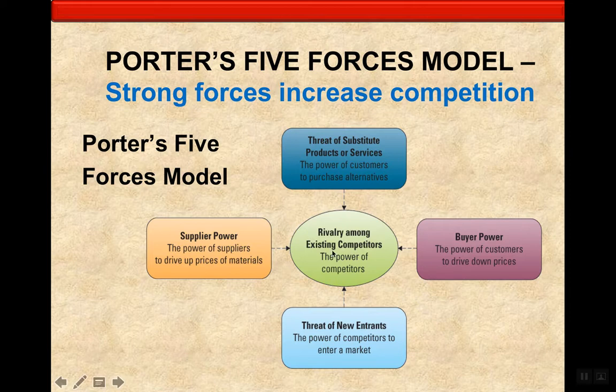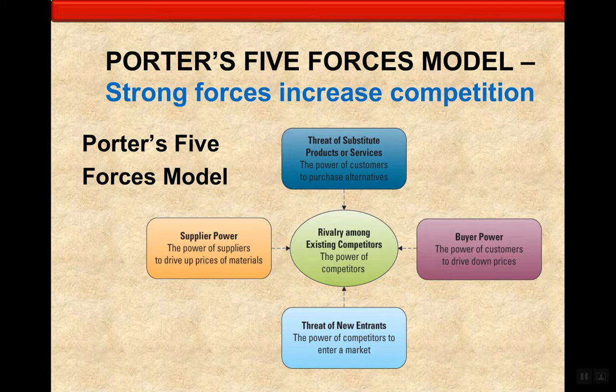Buyer power is defined as the power of customers to drive down prices. So you've got the natural competition between your players, and then you have to deal with customers putting pressure to bring the price down.